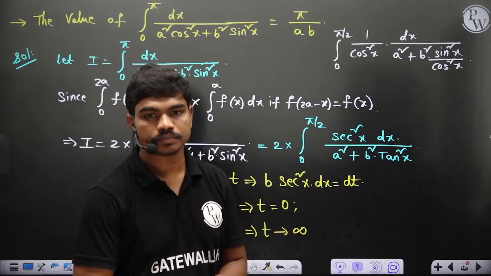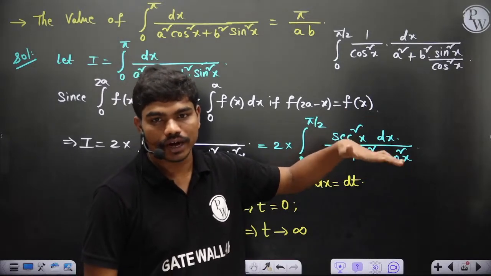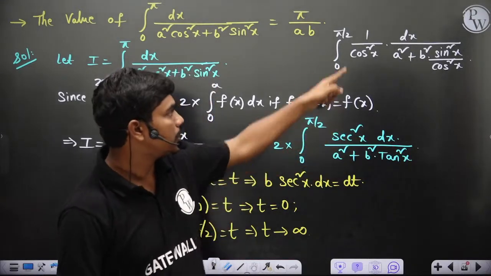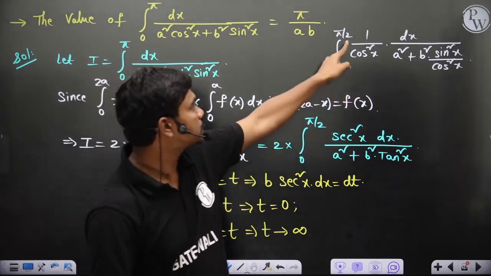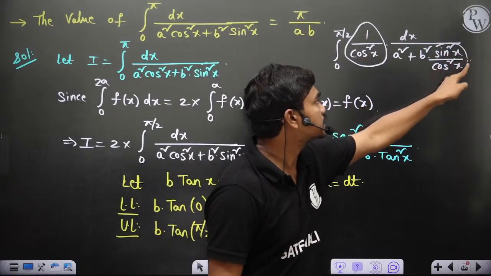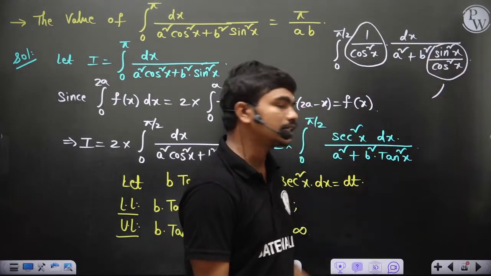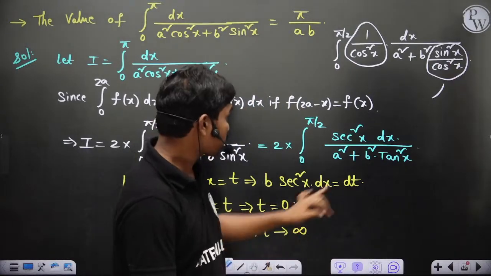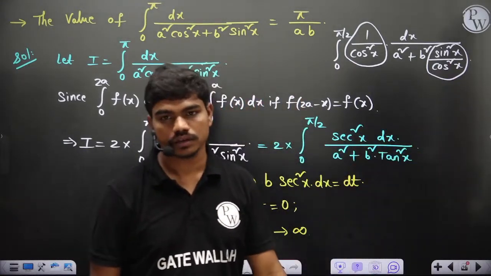I think some of you had issue understanding this conversion, but this is the way I have done it. So this 1 by cos square x is now secant square x, and this sin square x by cos square x is actually tan square x.